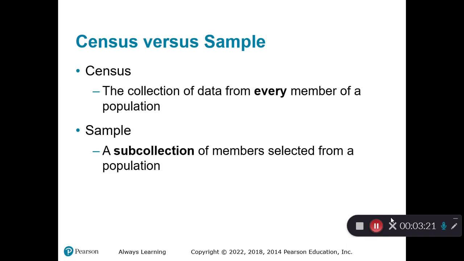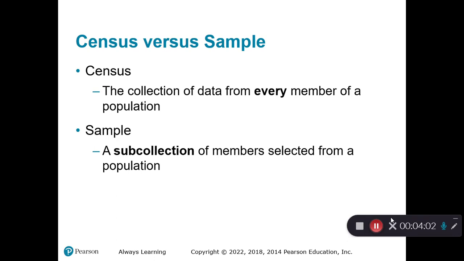Oftentimes, the populations that we are interested in are too large to study in their entirety. And so we want to differentiate between a census and what a sample is. A census is when we're able to study everything or everybody in the population of interest. In the case of all third graders at one particular school, it could be that I can gather information from all of them, and so that would be considered a census of that population of third graders at the school.